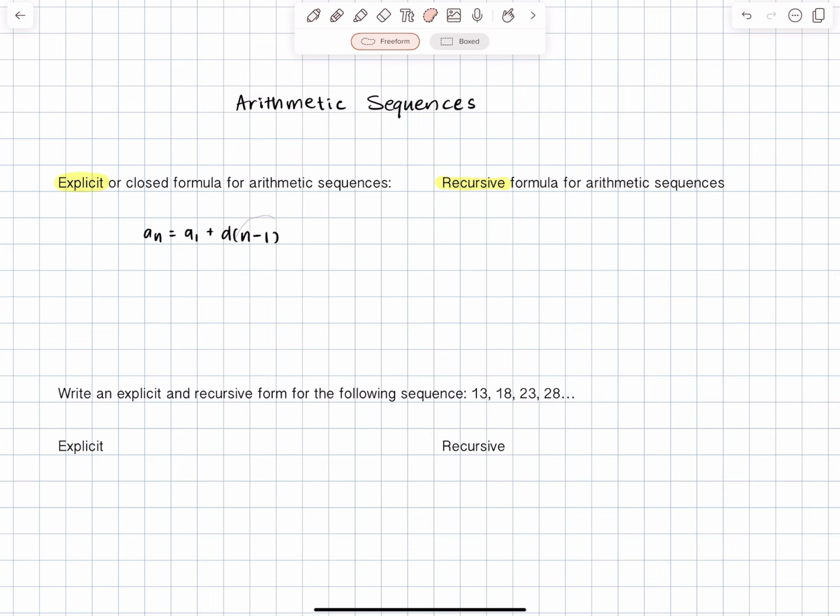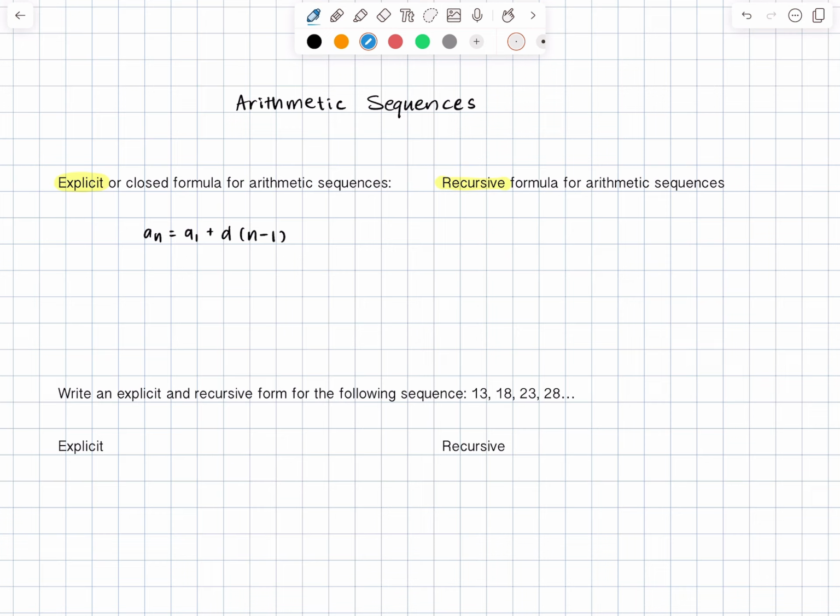You'll see why I preferred that in a moment, but it doesn't matter. You can put it at the beginning or at the end, but I personally prefer to put it in front of the parentheses. So let me explain what these terms are again. If you haven't watched my previous video about the introduction, you should go ahead and do that. But anyways, let's talk about what these terms are.